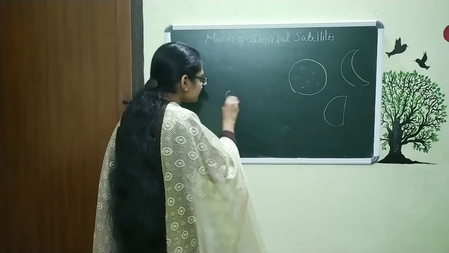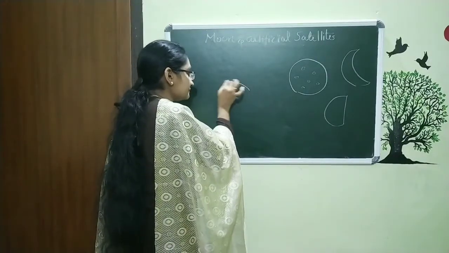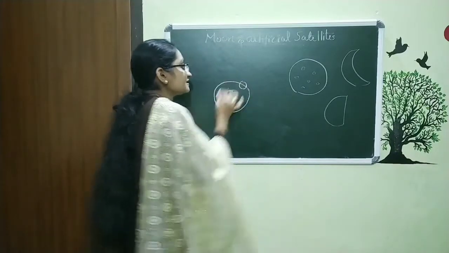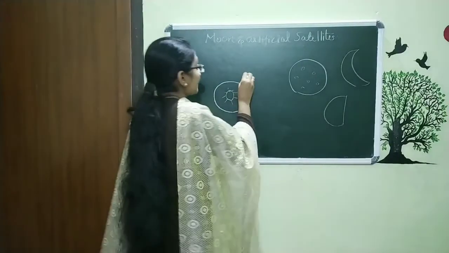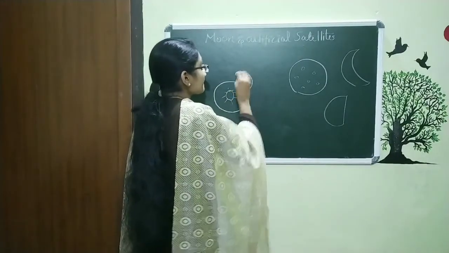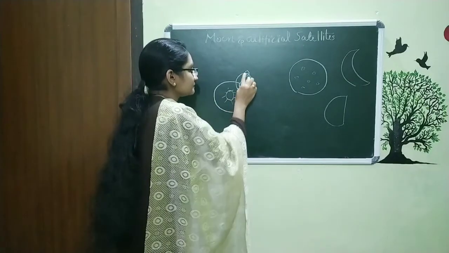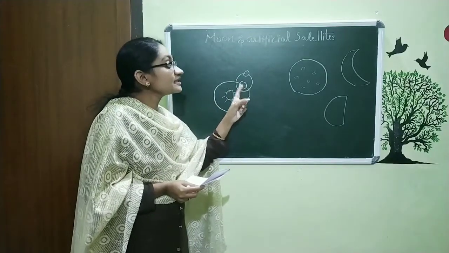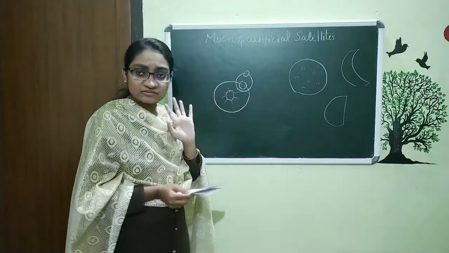We know our sun is there at the center of the solar system. Around the sun, our earth is revolving. And around the earth, our moon is revolving. So this is the setup. That means the position of the earth and moon is getting changed, also with respect to the sun.